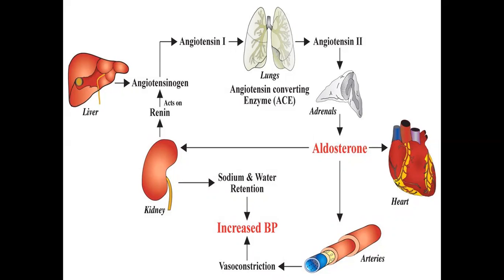When renal blood flow is reduced, juxtaglomerular cells in the kidneys convert the precursor prorenin, which is already present in the blood, into renin and secrete it directly into circulation. Plasma renin then carries out the conversion of angiotensinogen, which is released by the liver, to angiotensin 1.